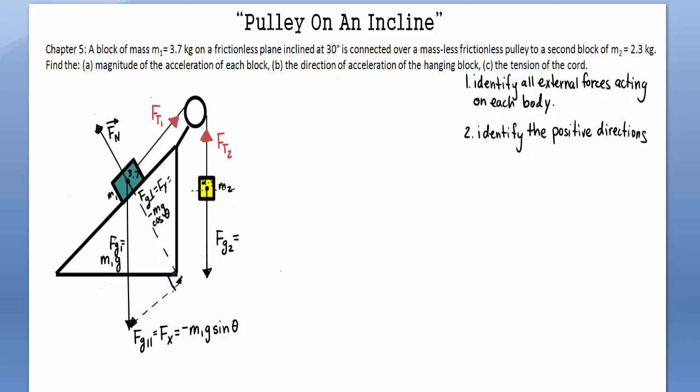These are vectors, but what we do know is that FT1 equals FT2. They have the same magnitude. And when we solve our equations, I'll just refer to that simply as FT. So keep this in mind for right now.